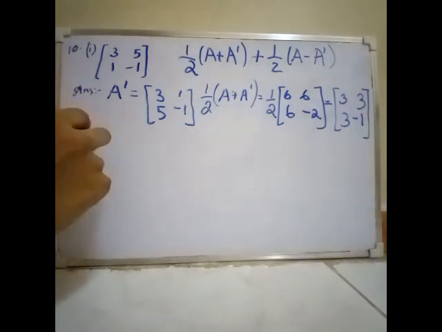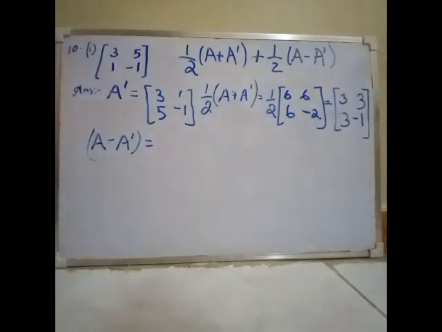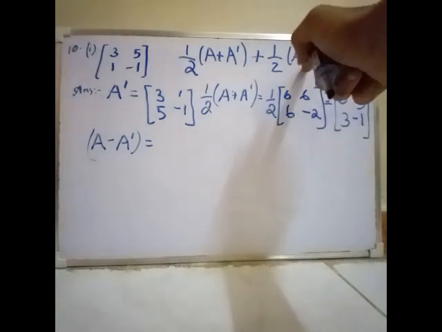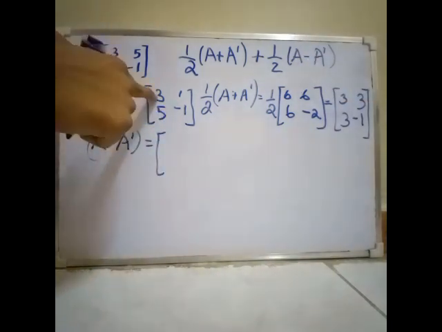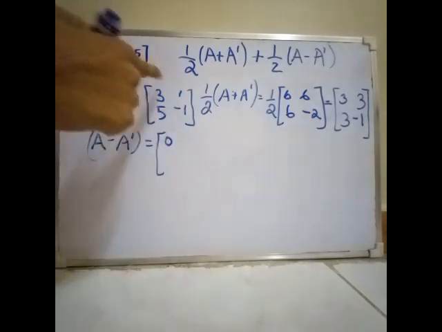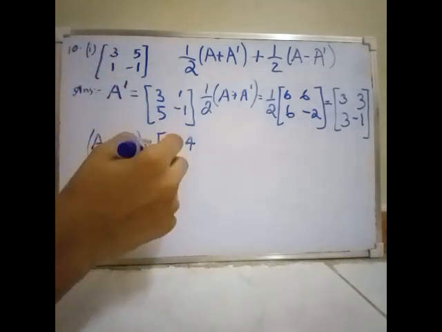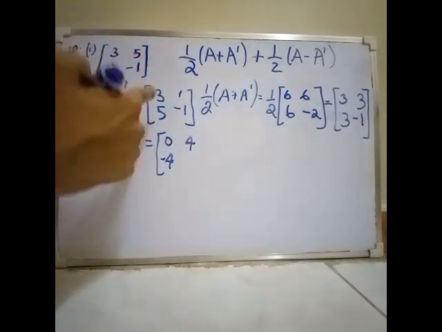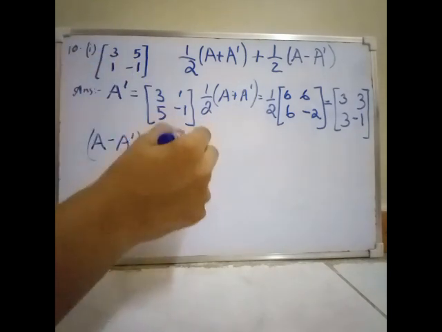Just take the transpose and you would see it's actually symmetric. Now let's do the other part of the question, A minus A dash. This is a symmetric matrix, we need a skew symmetric one now, right? So 3 minus 3, A minus A dash, it would be 0, 5 minus 1 would be 4, 1 minus 5 would be minus 4, and minus 1 minus minus 1, that is minus 1 plus 1, would be 0.